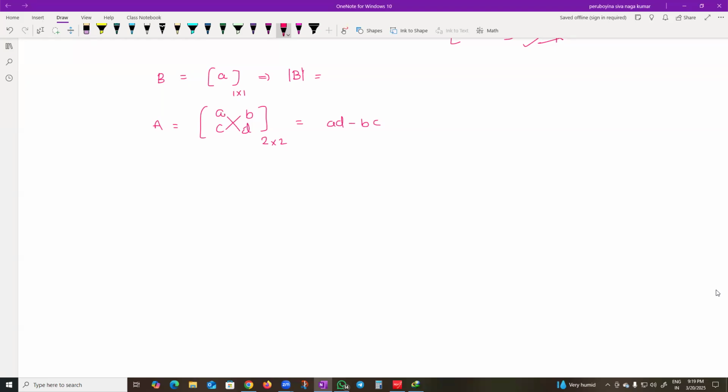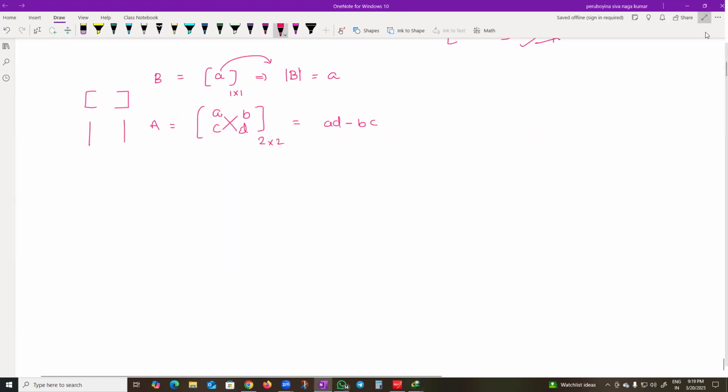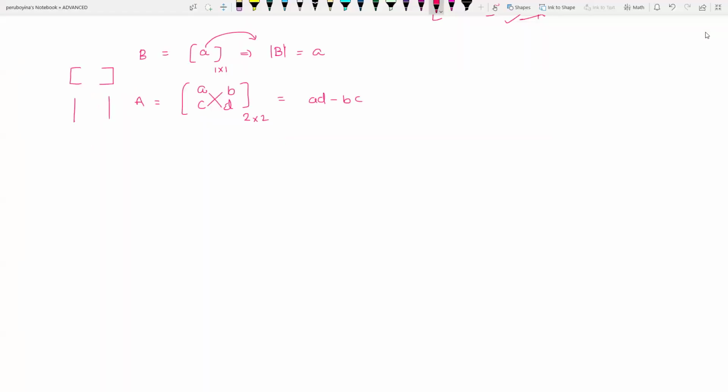A matrix is always represented by square brackets, and a determinant is always indicated with vertical lines, like modulus. If it is a 1 by 1 matrix, its determinant is the element itself. The element will be taken itself. Okay, so that is what is called a determinant.